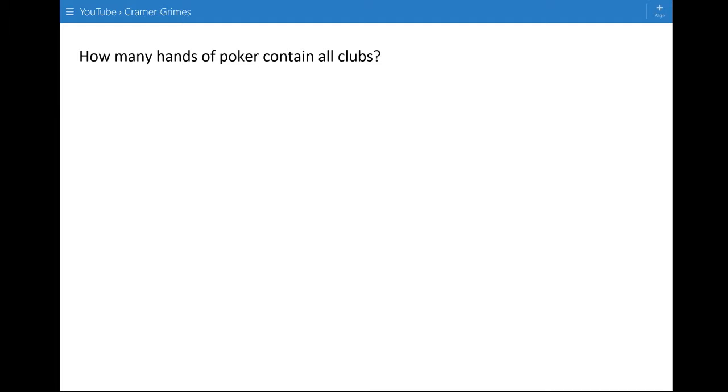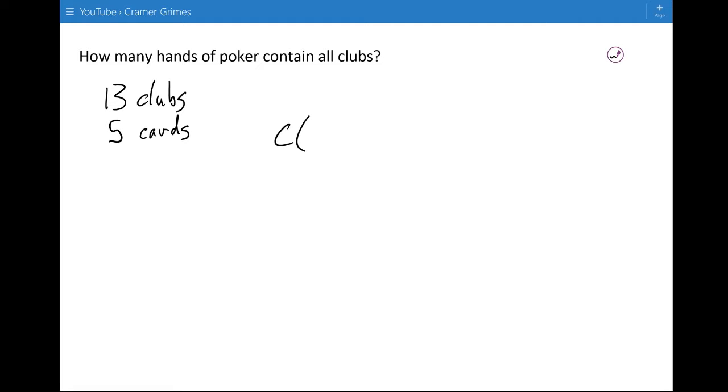First problem I want to talk about: how many hands of poker contain all clubs? So here there are 13 clubs in a standard deck of 52, and 5 cards in a hand. Now, when I have those 5 cards, they're not necessarily in any particular order. I just have them in my hands. Okay, so this would indicate a combination.